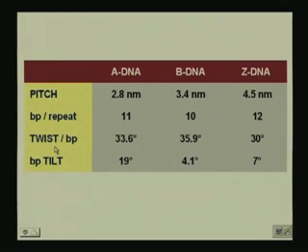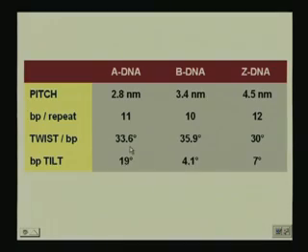The twist per base pair: you realize that there is a slight twist as you have the base pair, like you would also have an angle disposition for the alpha helix. These are the twists per base pair, and we have a slight base pair tilt, which is not very much in the B-DNA, just 4 degrees.